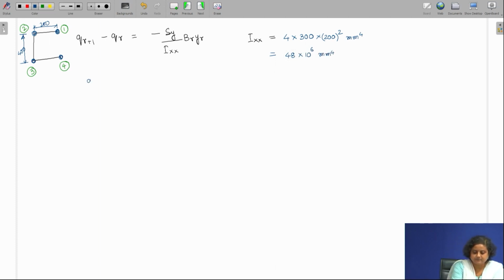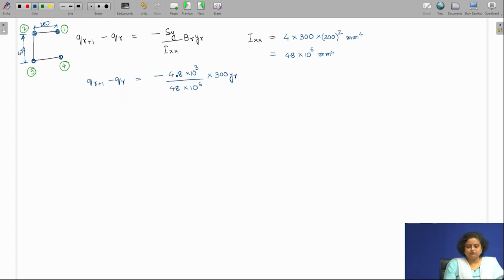Therefore, in this expression Q(r+1) minus Q(r), this can be written as minus 4.8 into 10 to the power 3 by 48 into 10 to the power 6. Br is always 300. So, 300 into Yr. So, this is the expression that we have.